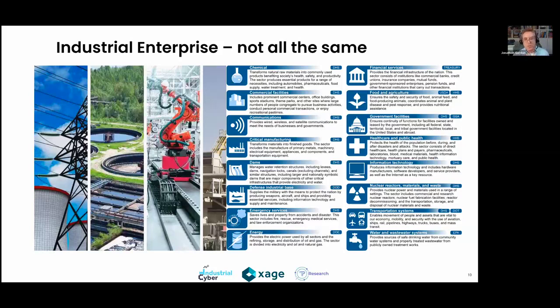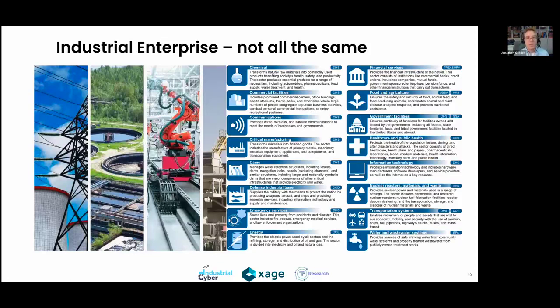So you can see here, this is a list taken from CISA, which identifies the top, I think it's 16 if I remember. And you can see the departments that are associated with those particular verticals, sometimes more than one. So it's not a simple thing, but this is just critical infrastructure, so not including general manufacturing. There is a critical manufacturing sector in here.